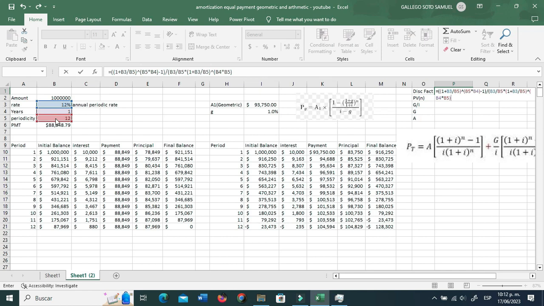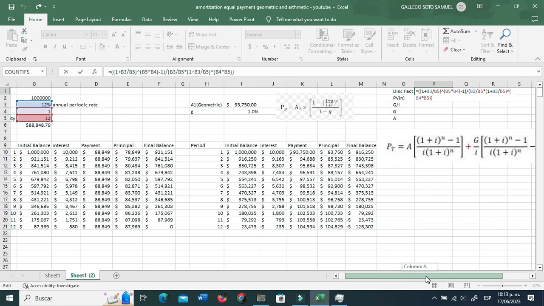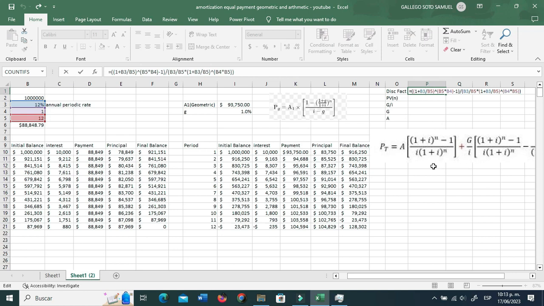Let's see if I got it right. Minus 1, yes, divided by the interest rate, times 1 plus G. Yeah, I got that correct.